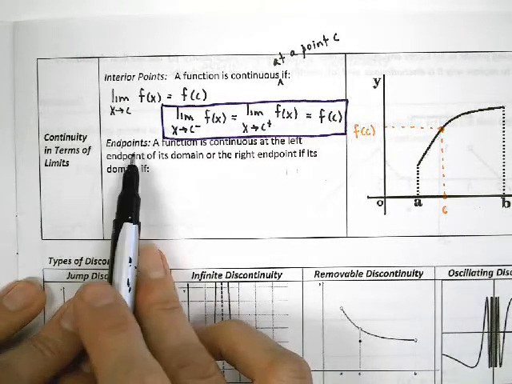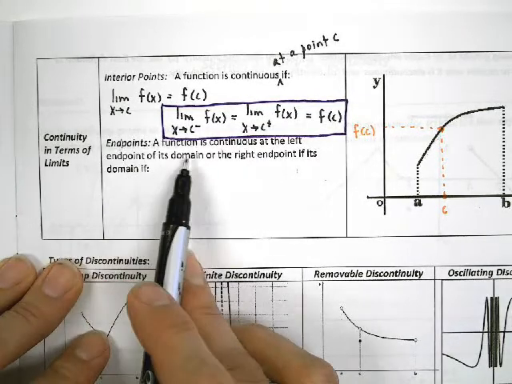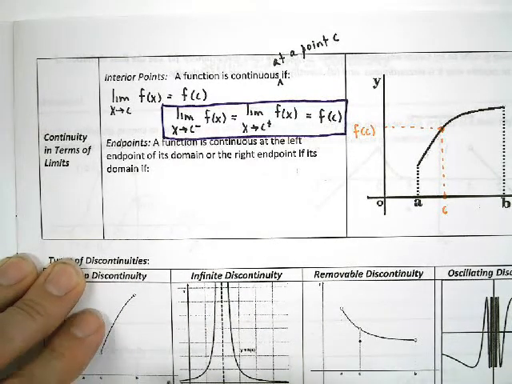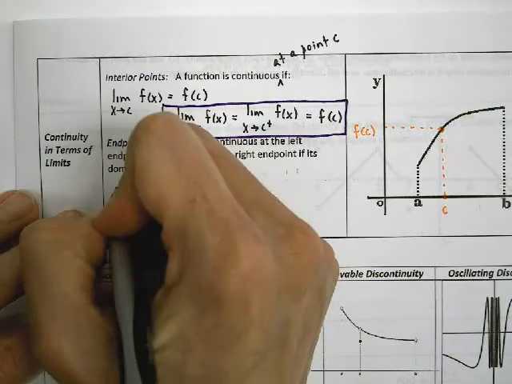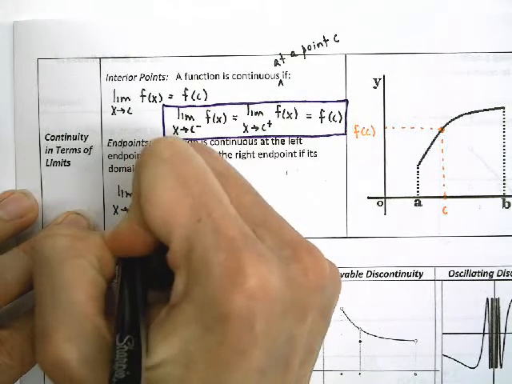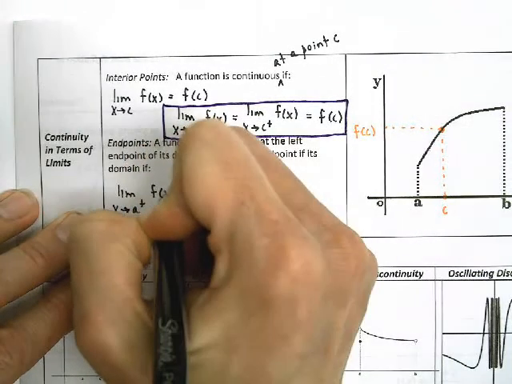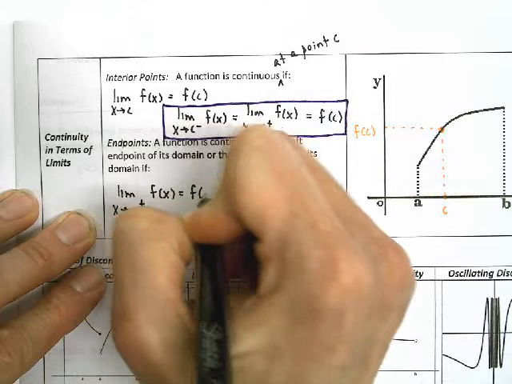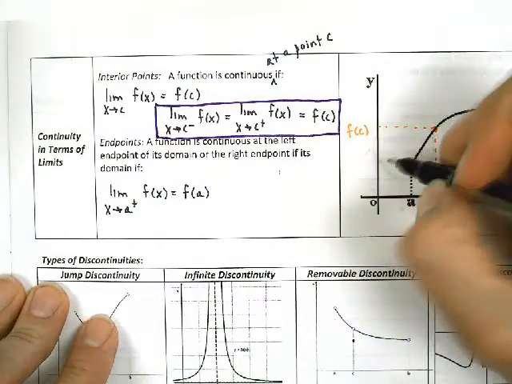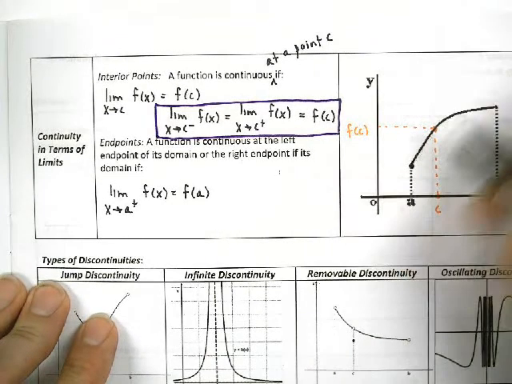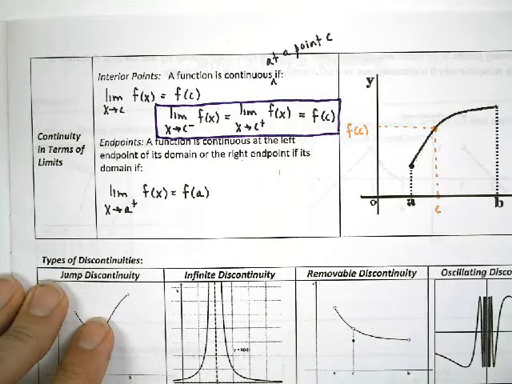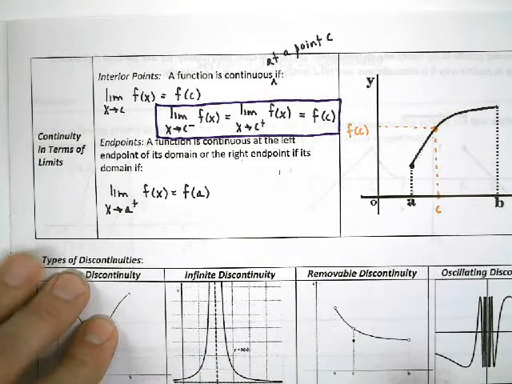Now, when we talk about continuity at endpoints, we say a function is continuous at the left endpoint of its domain or the right endpoint of its domain if, let's talk about the left first, the limit as x approaches a from the right of f of x equals f of a. So in this case, assuming this point was defined, we would say we're continuous at a.